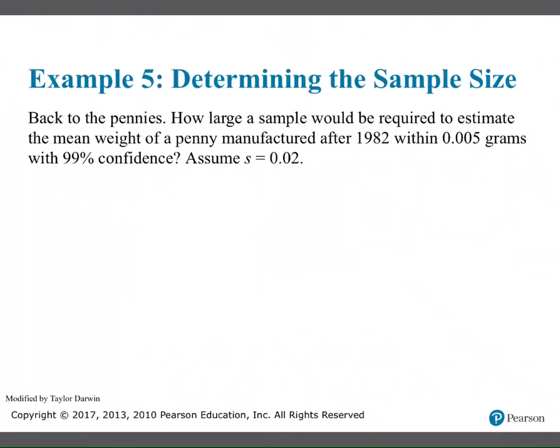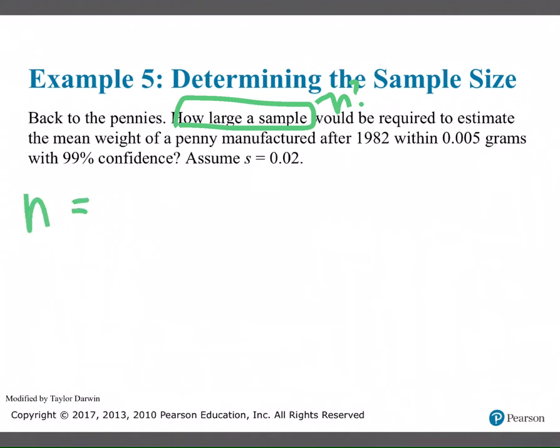Determine the sample size. So go back to the pennies. How large a sample would be required to estimate? So how large a sample? We're looking for N. To estimate the mean weight of a penny manufactured after 1982 within 0.005 grams with a 99% confidence, assume S is equal to 0.02. So let's write down that formula really quick.